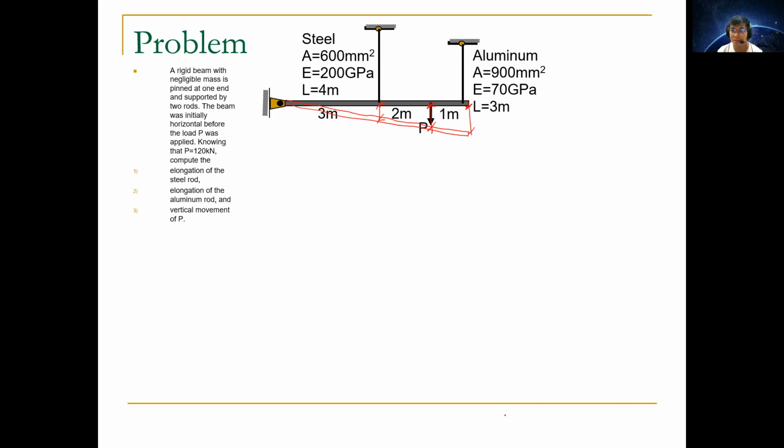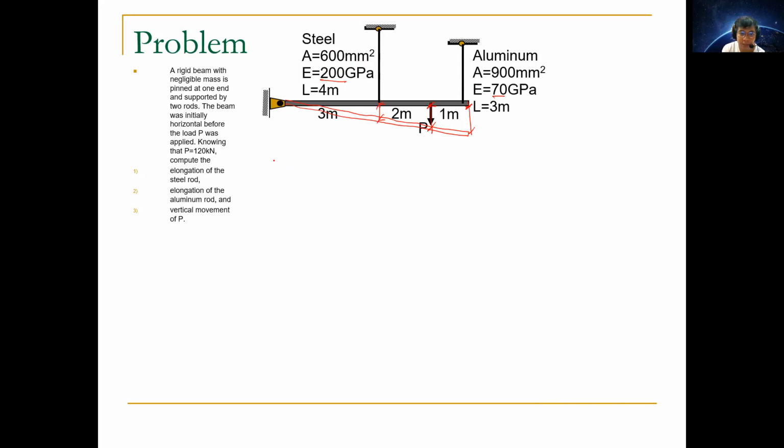We can say that the aluminum has a larger deflection, knowing that the modulus of elasticity between the two materials is a big difference, right? 70 against 200. And we know that aluminum cans are easily deformed compared with steel. So the aluminum has a larger deflection compared with steel.